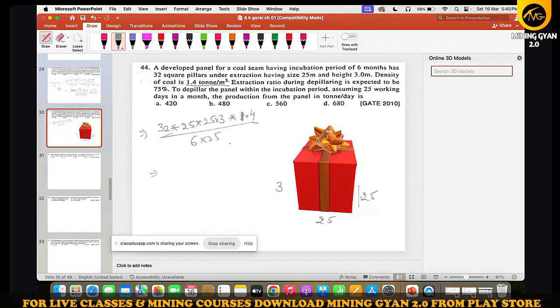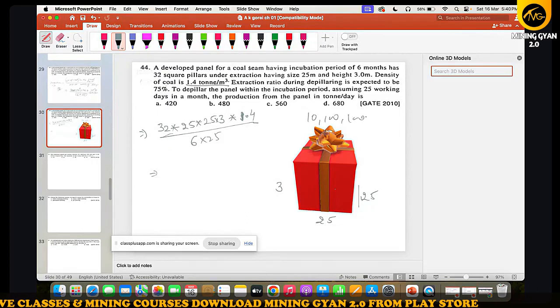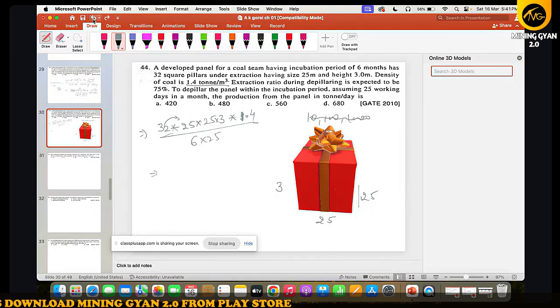Try to make digits like 100, 10, 100 and 1000 when you multiply. So take 4 in this, and it will become 100. Okay, it will become 16.